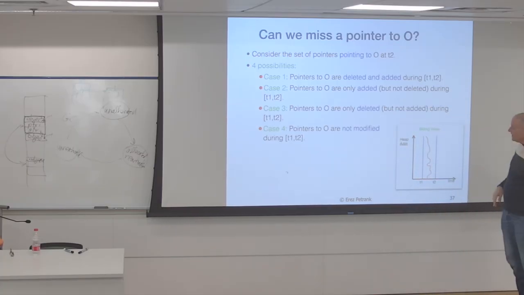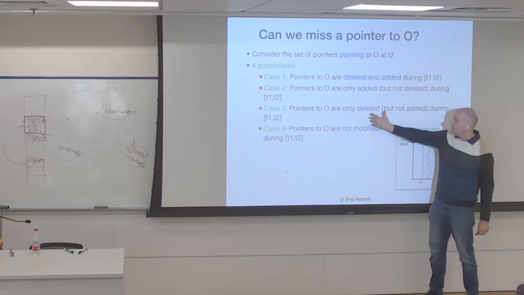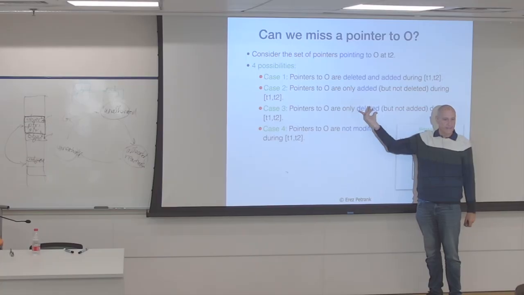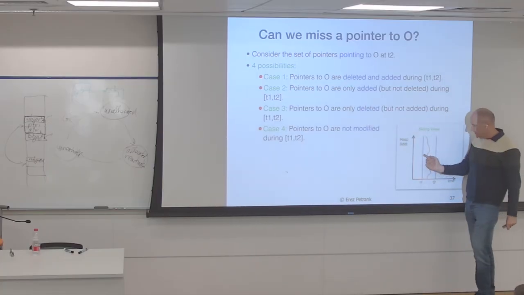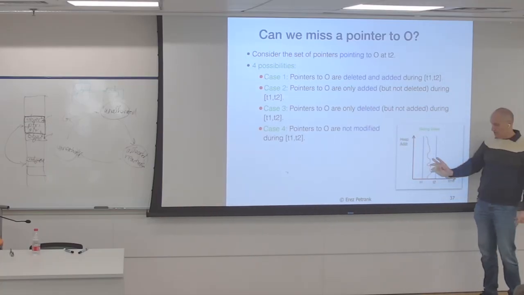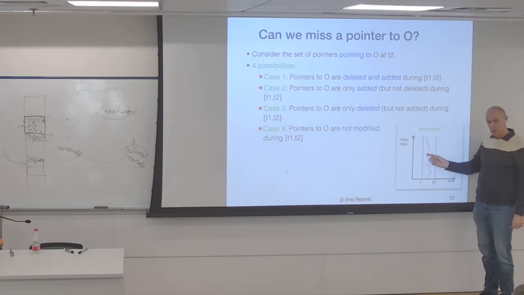Now let's look at the other cases. If pointers are just deleted and nothing was added, then we're going to read these pointers somewhere between T1 and T2. We'll see more pointers than we would see if we just looked at T2, because pointers were deleted. So we're in a good state.